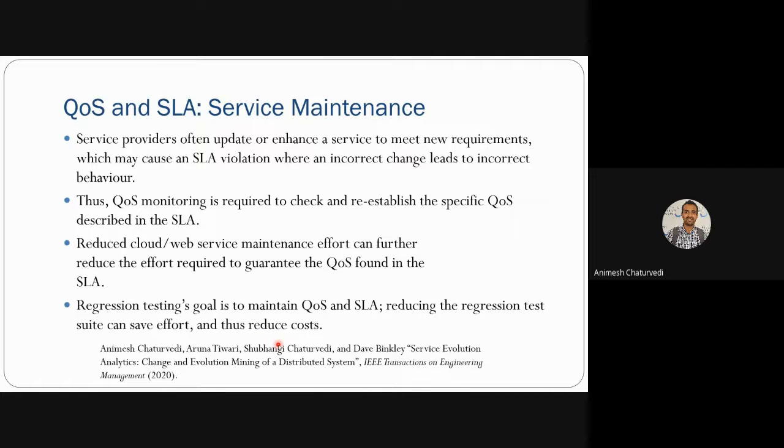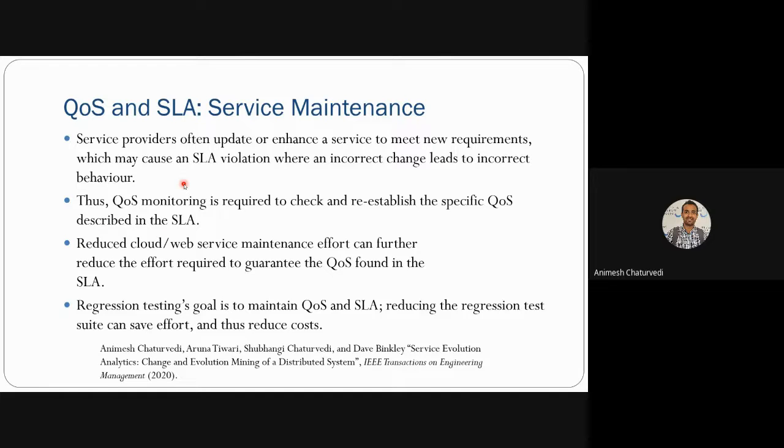Then the service provider has to update and exchange some services to meet some new requirement. So there should be SLA violation where an incorrect change leads to incorrect behavior.